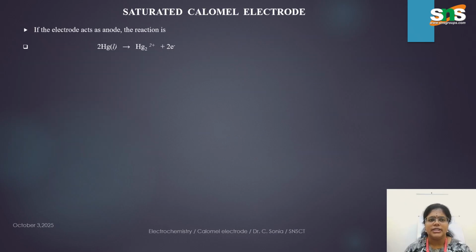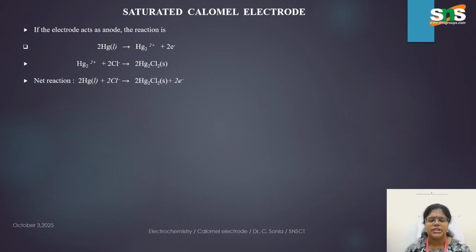If the saturated calomel electrode acts as an anode, the reaction is that mercury, Hg in the liquid form, loses electrons to give Hg2 2+ and 2 electrons. At the anode, the oxidation reaction always takes place. When it combines with the chloride ions present in the solution, it gives Hg2Cl2, mercurous chloride.